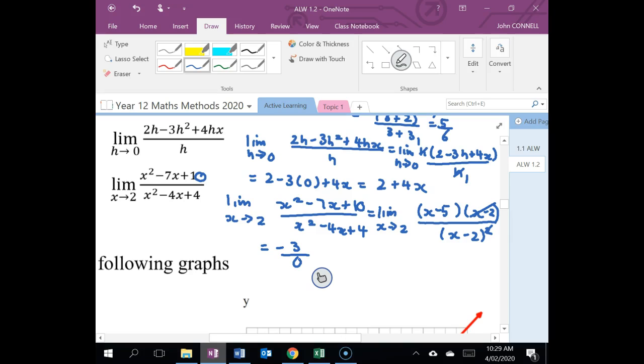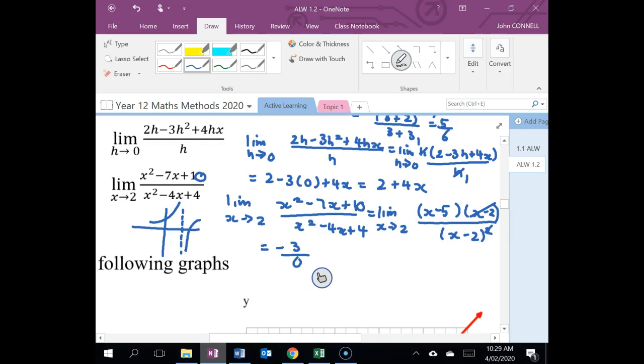Now, a couple of potential ways of thinking about this, but what the graph actually looks like is we have a vertical asymptote at 2, with the graph going up like that and down like that.